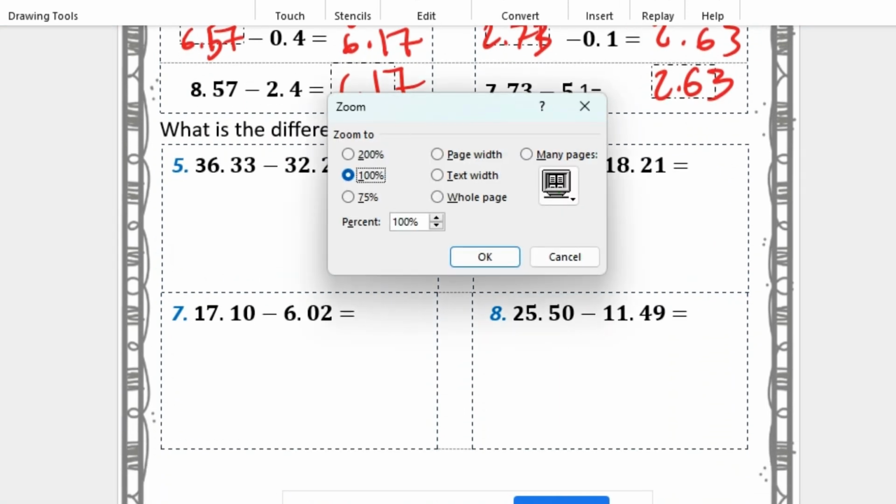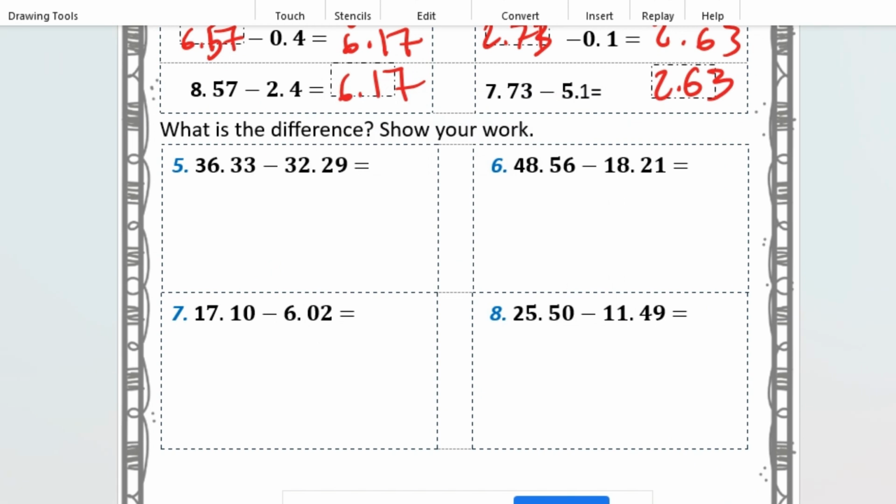Now here, what is the difference? This is fairly easy, I suppose. We just write it like this: 36.33 minus 32.29.